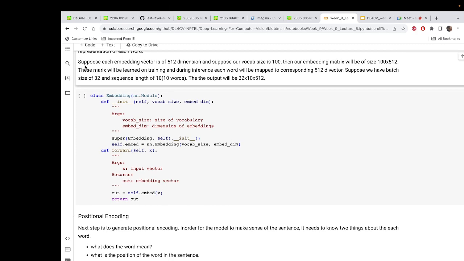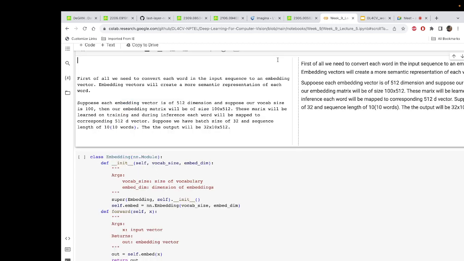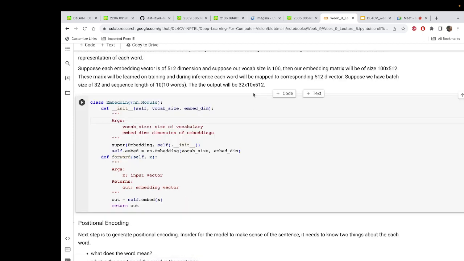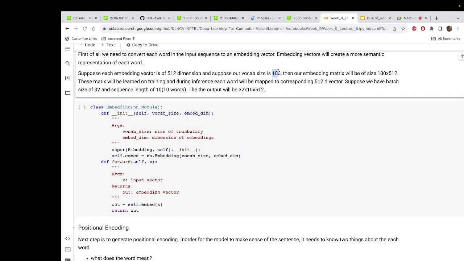So, what they are saying is that suppose each embedding vector is of 512 dimensions, and we have a vocabulary size of 100. So, 100 is the number of words that we have in our list. So, we have an embedding matrix of size 100 cross 512.